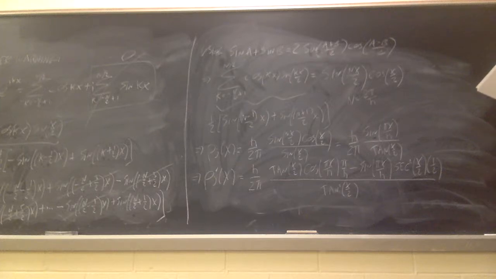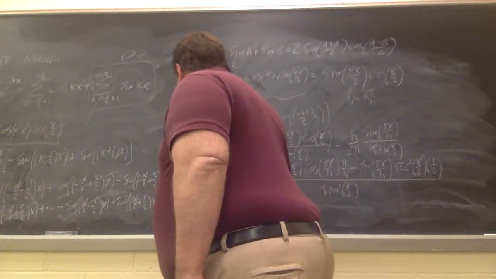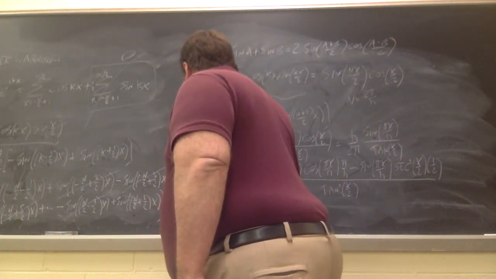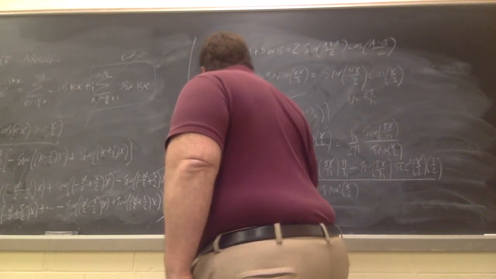So now what I'm going to do is, what happens if I plug in just some grid point into here? So pj prime at xk, where xk is equal to k times h.